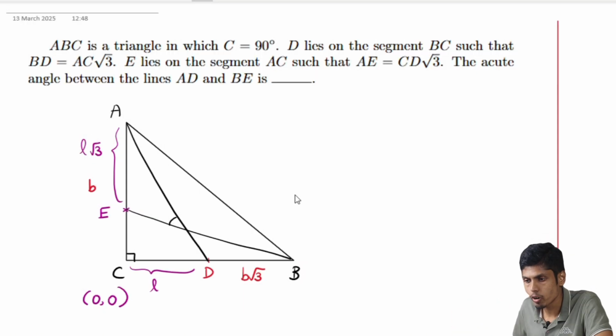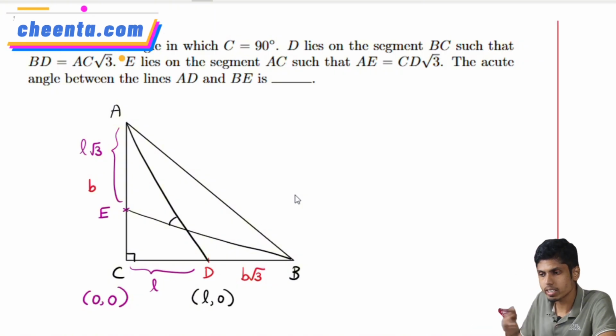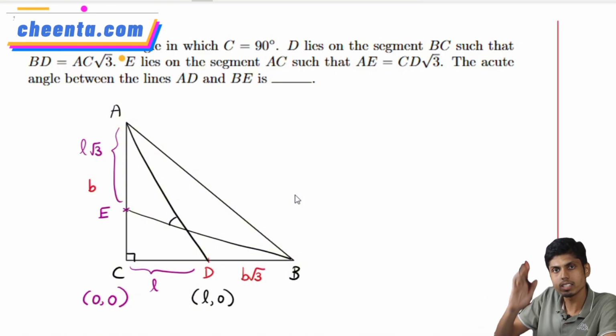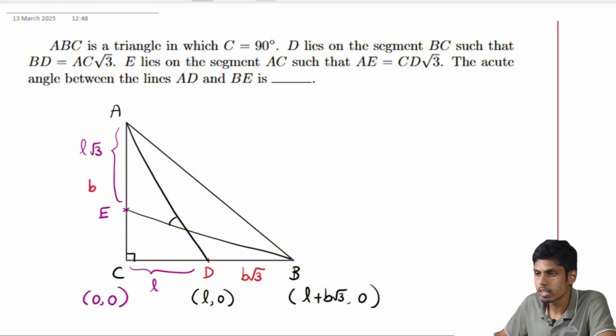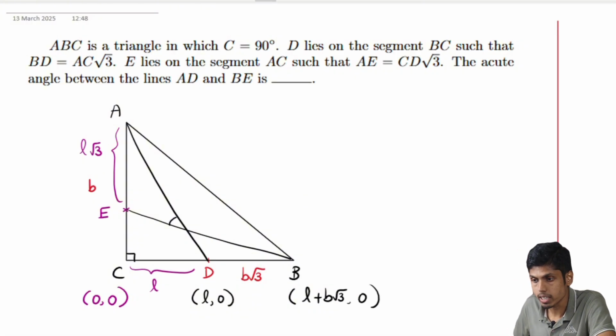The coordinate of point D will thus be (L, 0). CB is considered as the x-axis, CA is considered as the y-axis. And the coordinate of B would be (L plus b root 3, 0). Alright, now the coordinate of point E. So the total length AC is considered as b.